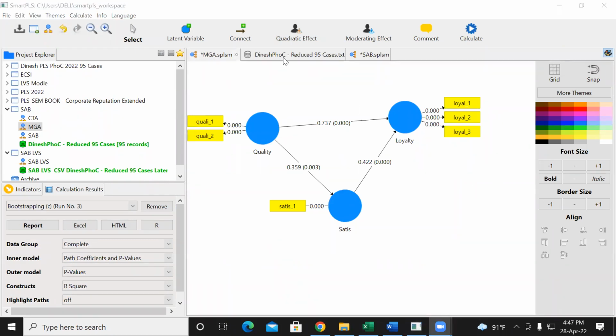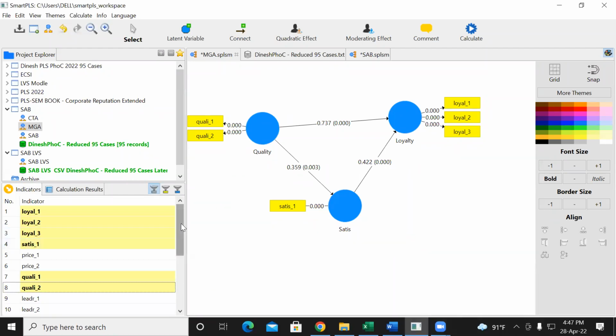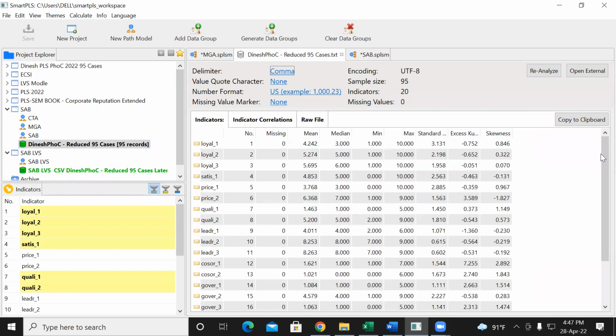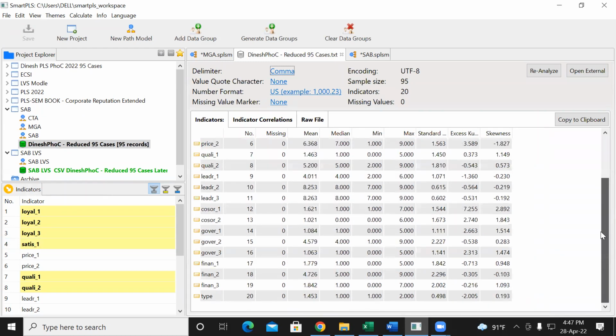Now, my task is to do a multi-group analysis. The concept is, now here I will explain the data set. If you go to the data set, you can see here indicators. And last, I have one indicator, which is not a scale one.